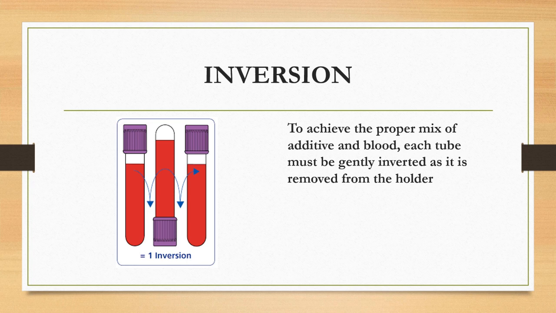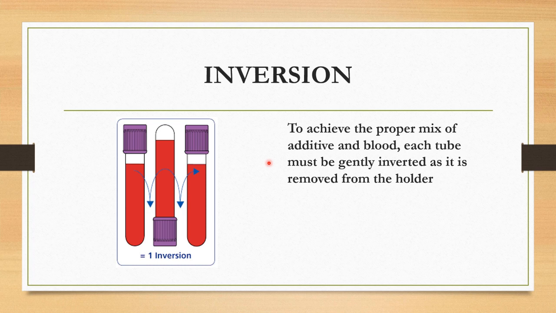You should know about this term too, inversion. That is nothing, just how to mix the tube with the blood sample. To achieve the proper mix of additive and blood, each tube must be gently inverted as it is removed from the holder. As I said, all the blood tubes contain some additives.